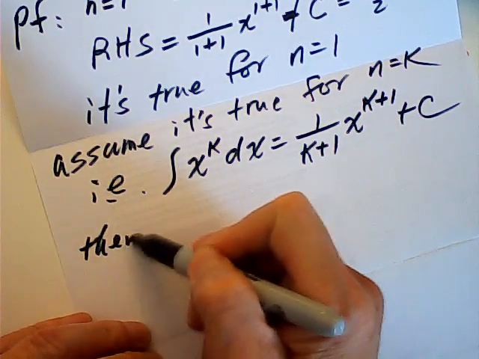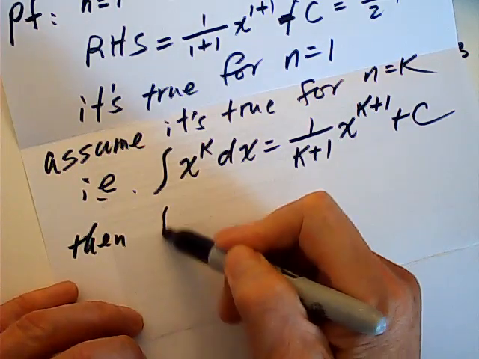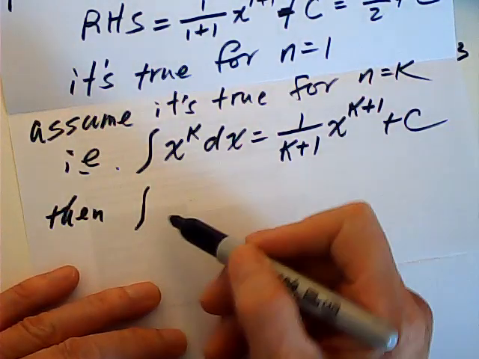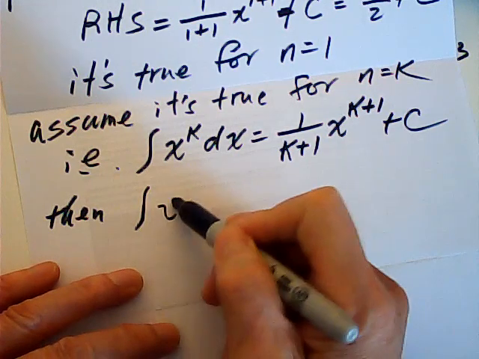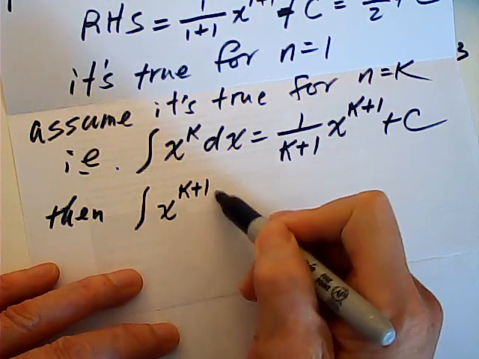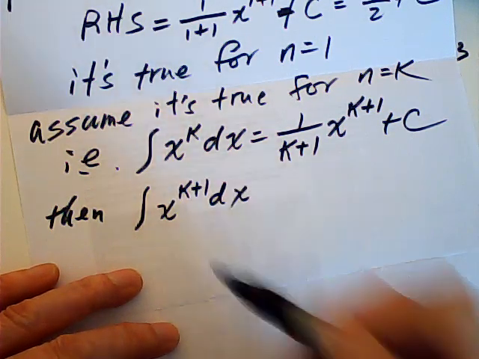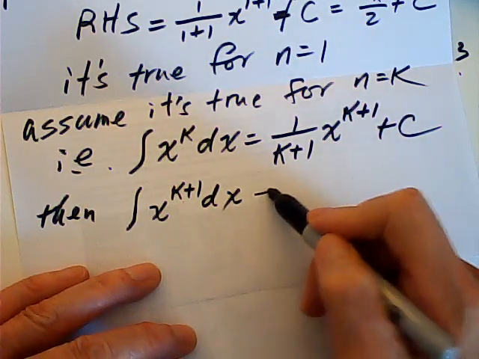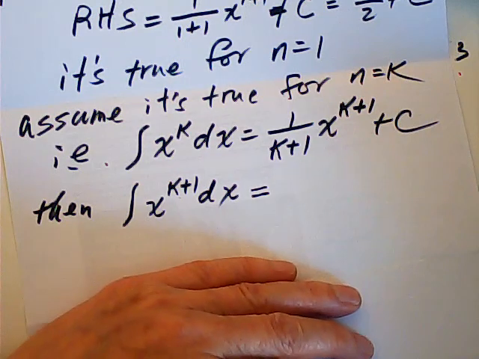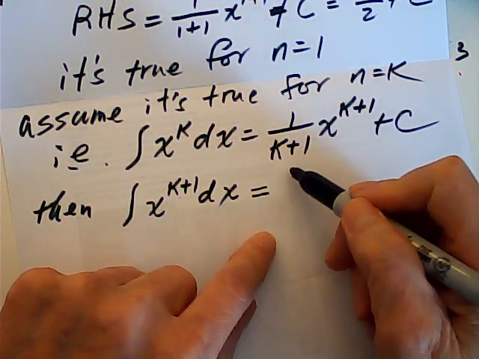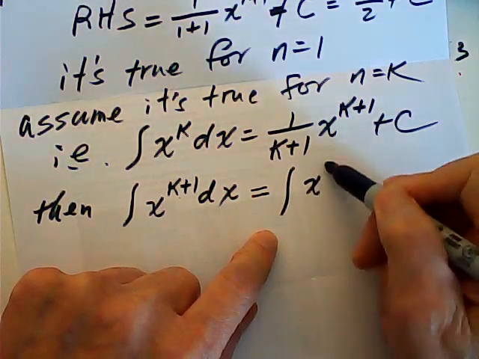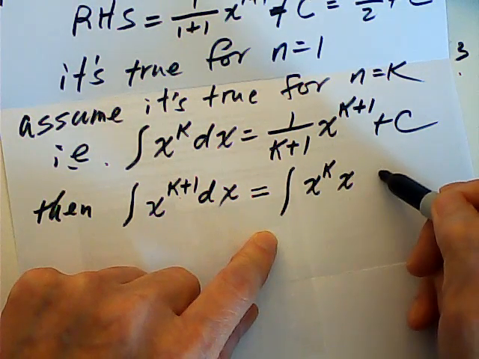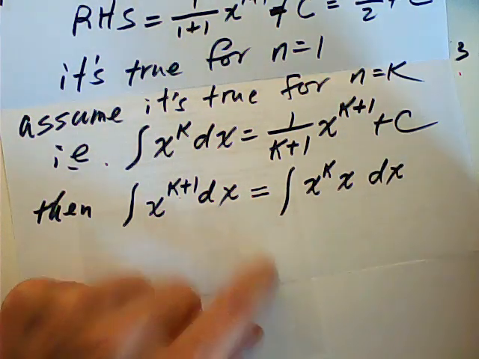Then the integral of x to the power of k plus 1 dx is obviously equal to x to the power of k multiplied by x and dx, right?